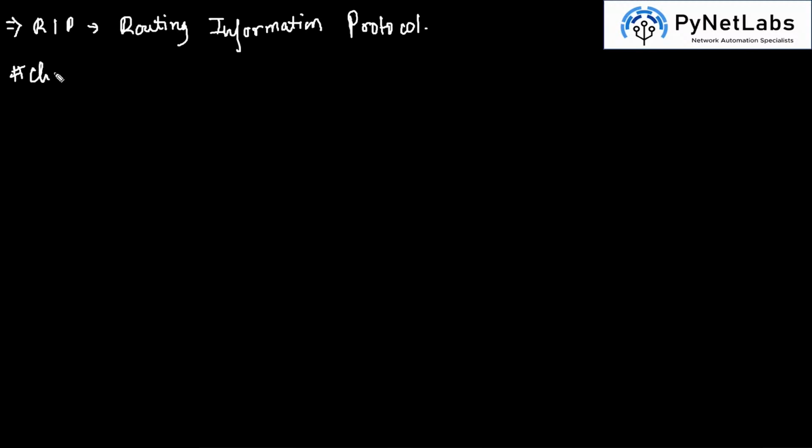We are going to learn about RIP, and RIP stands for Routing Information Protocol. We are going to discuss some of the characteristics of RIP, and let's understand how RIP works.